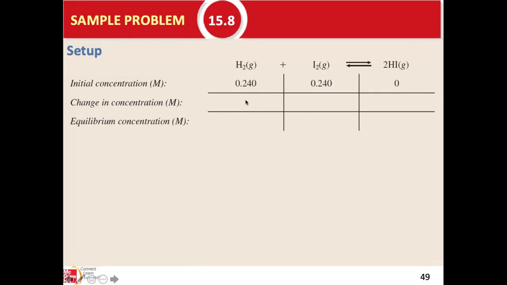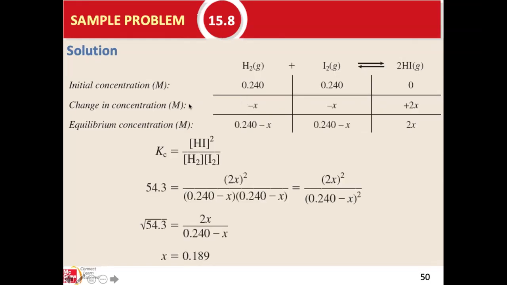Let's say it's a minus x for each reactant. But this is a plus, and why is it 2x? Because the coefficient of HI is 2, so it will be plus 2x. Then we combine those terms to find the equilibrium concentrations, and this is 2x.